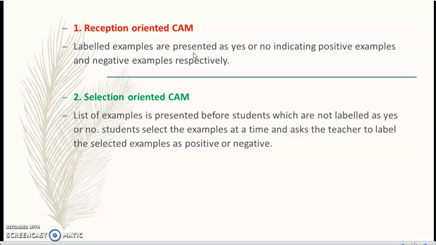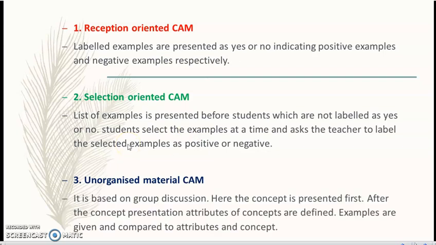In selection-oriented CAM, the list of examples is presented before the students, not labeled as yes or no, but students select the examples one at a time and ask the teacher to label the selected example as positive or negative. Unorganized material CAM is based on group discussion, where the concept is presented first and later the attributes of the concept are defined.